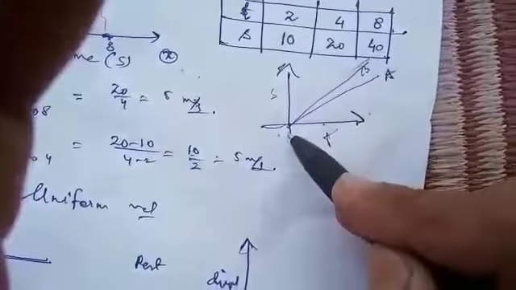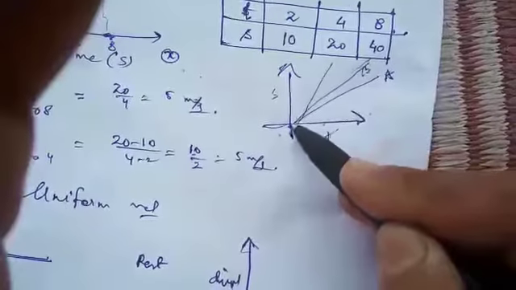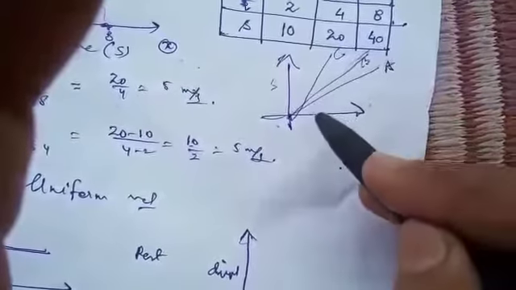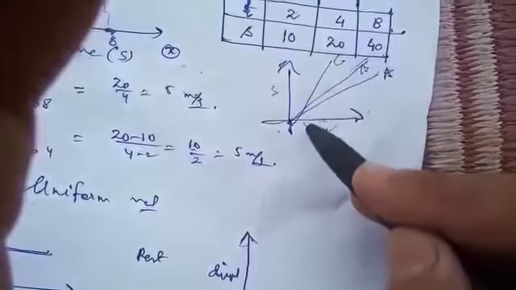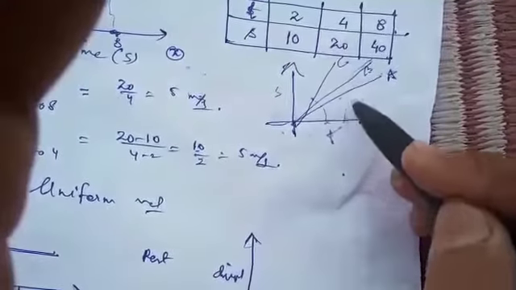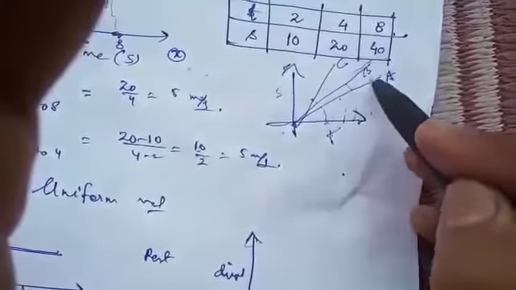This slope is steeper. This is another body. All are moving with uniform motion. But which one is steeper? C is steeper. So C has greater velocity, A has minimum velocity, B has velocity in between A and C.